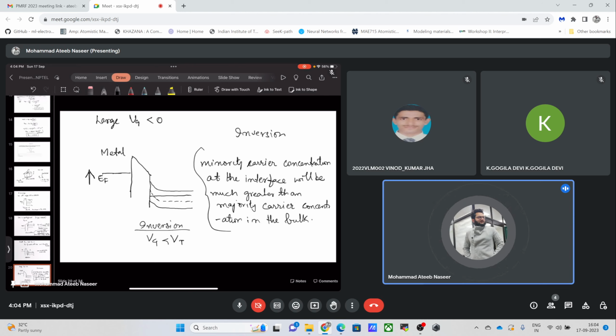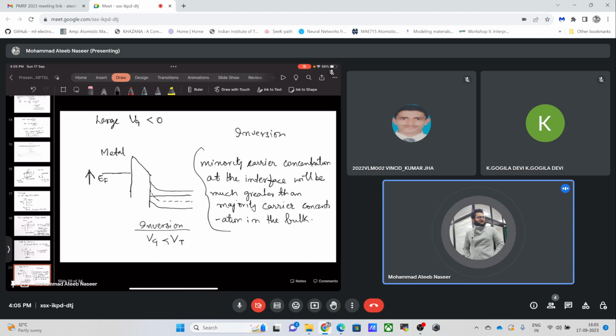So we have seen all the cases, what I can say for this MOSCAP. Although we didn't go into that much detail, for the N-type substrate we have seen how the capacitances, how these values would change, these band bendings would change with the applied bias, and as a result we will be having different regions of operation.